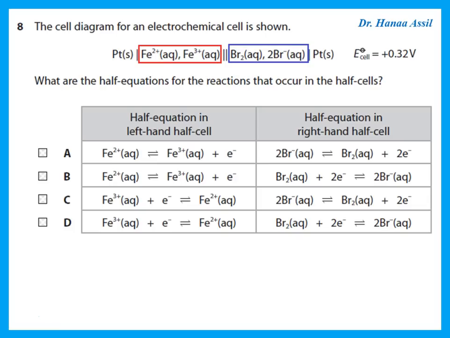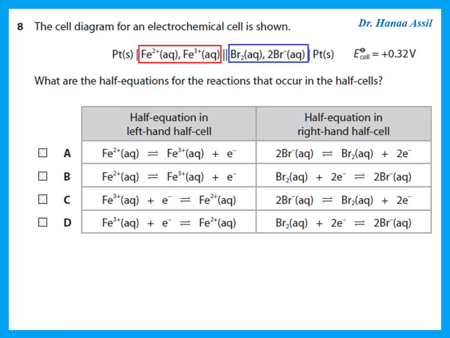So that is my oxidation. And then on the other part of the cell is bromine going to 2Br minus. So that is the reduction. And then another platinum. So that is called the cell diagram for the electrochemical cell. And he's telling me that the overall E cell is plus 0.32 volts.